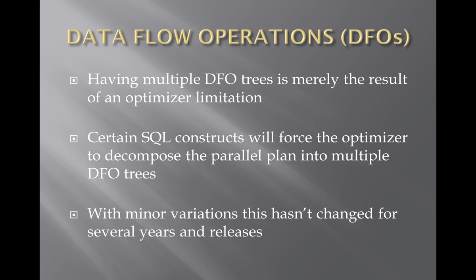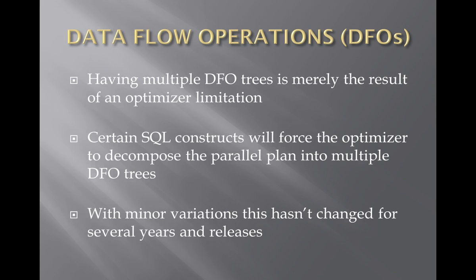It's simply a result of a limitation in the optimizer. So it would be great if we could ignore all the side effects of having multiple DFO trees, and a parallel execution plan would simply consist of a single DFO tree. But in reality, we have to deal with this.